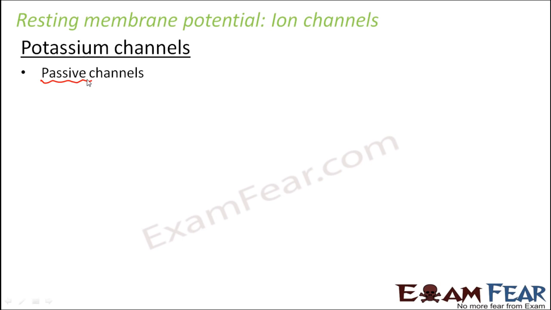That is, they always allow ions to pass through them, but the ions can pass only along the concentration gradient. So these channels are always open, but they allow ion exchange along the concentration gradient.